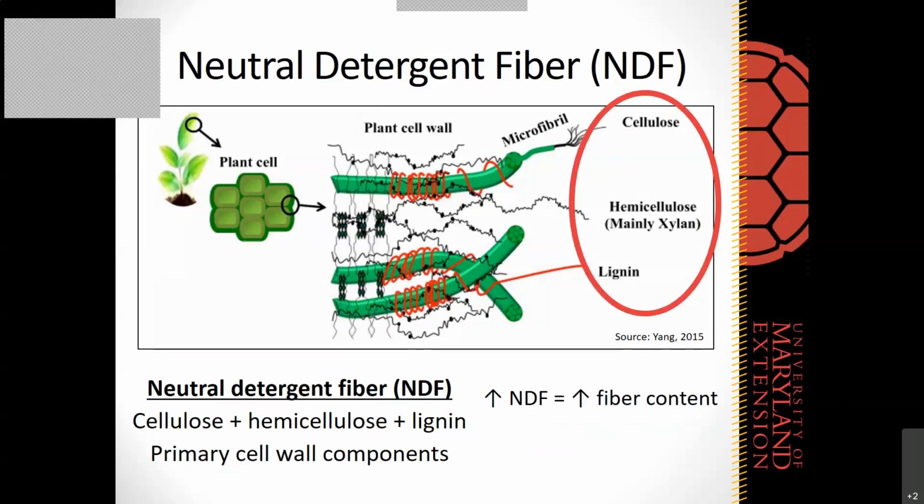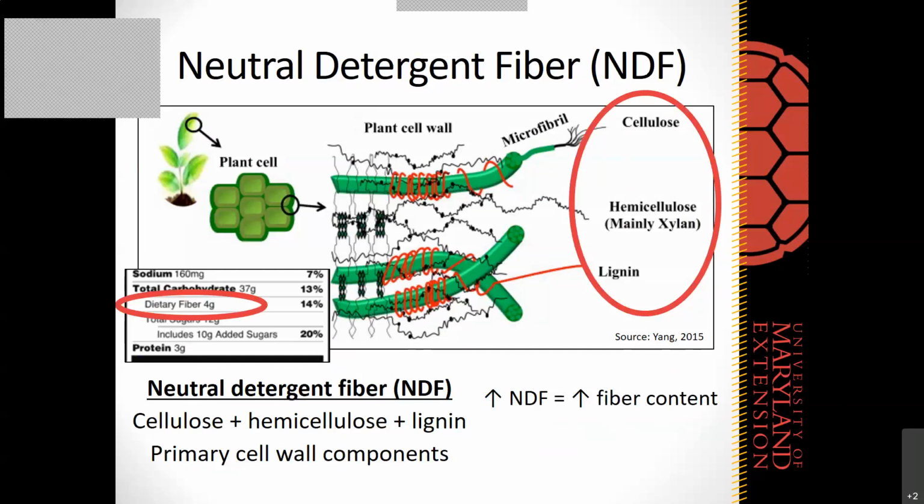So the more NDF a forage sample has, the higher the fiber concentration of that forage is. You can think of that in terms of the human nutrition labels, like the dietary fiber percent. The higher the dietary fiber, the more fiber is in that product. Something like celery has a lot higher dietary fiber compared to a French fry. So the higher the NDF, the higher the fiber content.